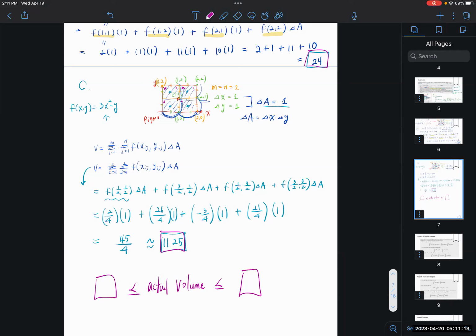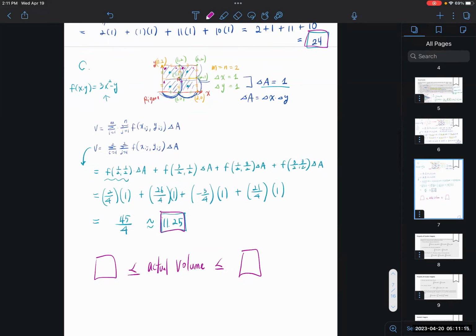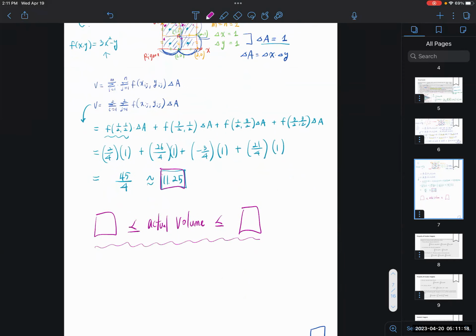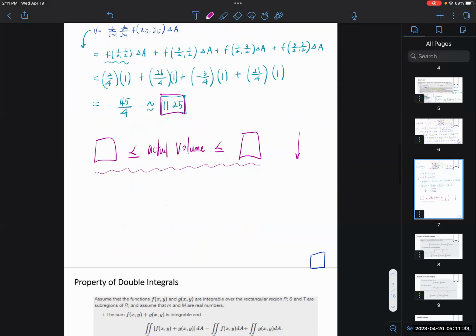Okay, so you have to test multiple times, and actually you are going to find the range to find the actual volume. Okay, we need to investigate more, but the idea is later you're going to try to minimize the error. But here we just need to understand, I'm gonna write it, the approximate answers differ because of the choice of the sample point.